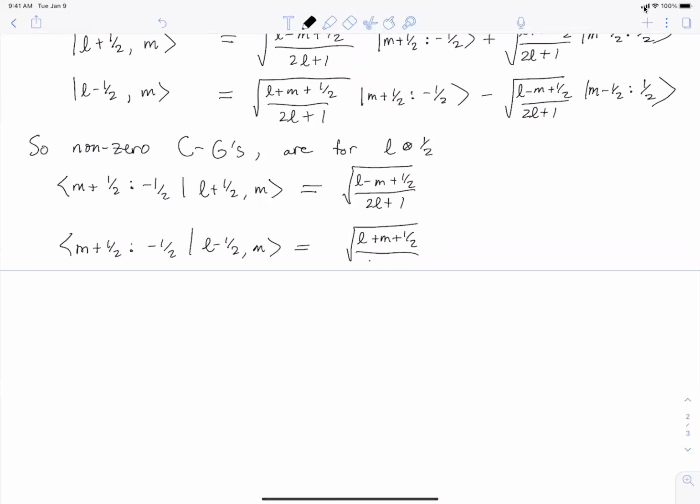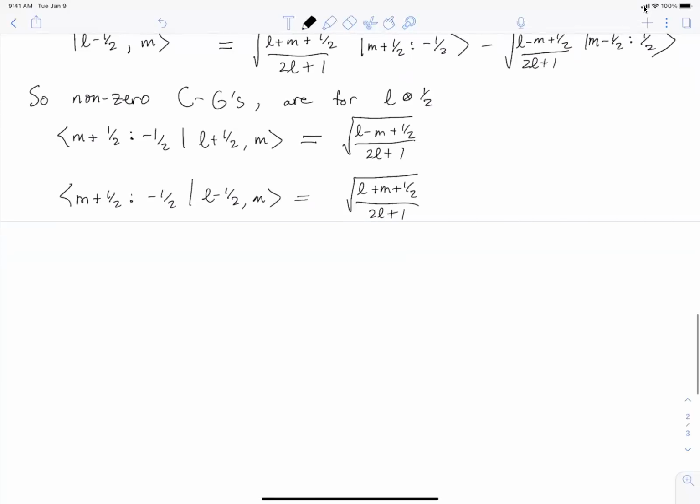And there are various rules for how you can get some Clebsch-Gordan coefficients from others by doing things like flipping the sign of m. In the last lecture on Friday, I'll tell you some of those rules that govern these things. Okay, but then, continuing on, there's m minus 1/2, 1/2, L plus 1/2, m. That Clebsch-Gordan coefficient is the square root of (L plus m plus 1/2) over (2L plus 1).